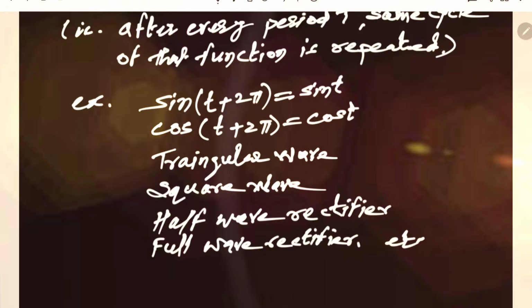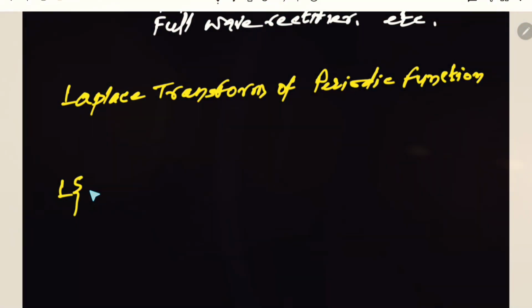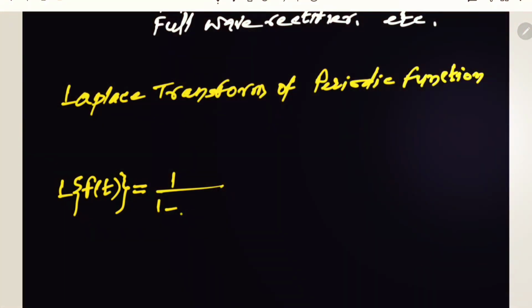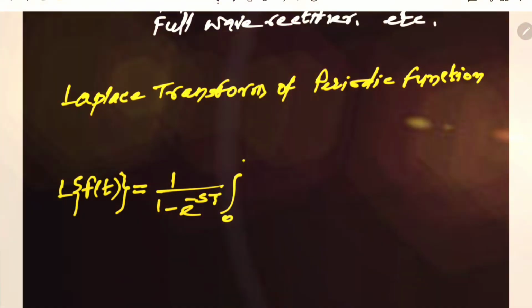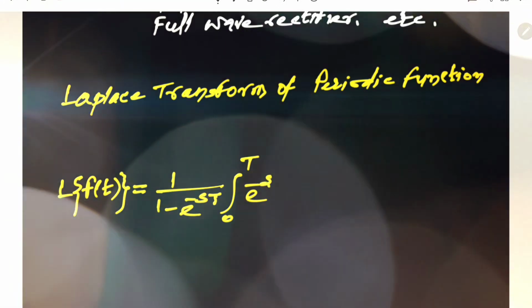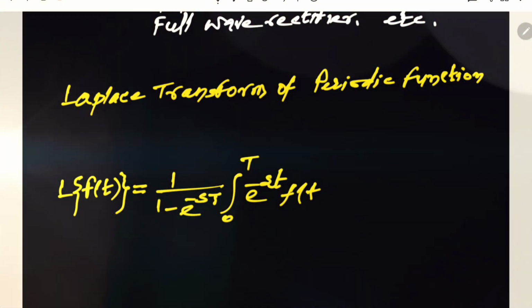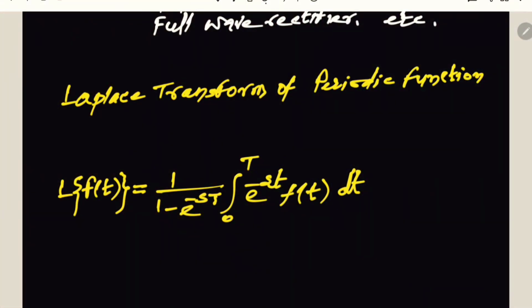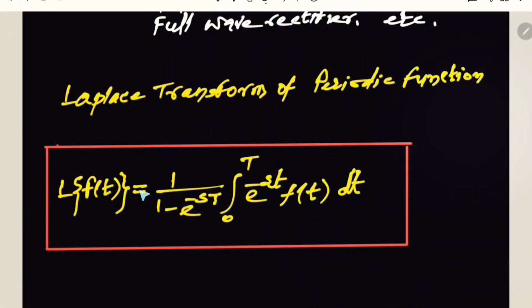If f of t is a periodic function, then the Laplace transform of f of t is obtained by 1 upon 1 minus e raised to minus s capital T, times the integration from 0 to capital T of e raised to minus st into f of t, with respect to t. By applying this formula, we can obtain the Laplace transform of that periodic function.